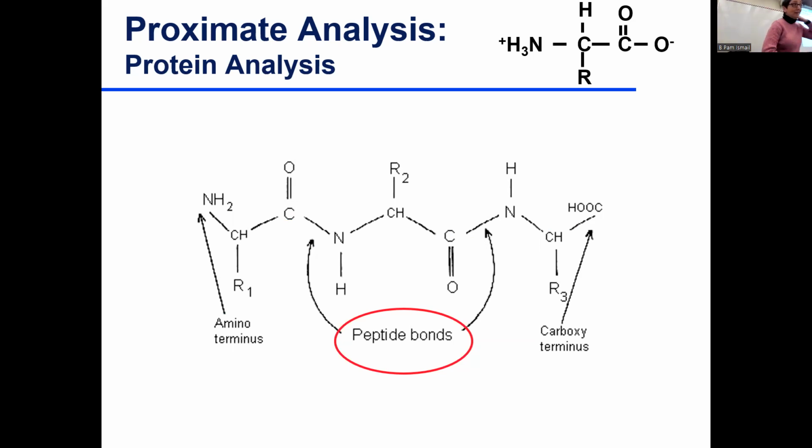Thought you covered this in food chem, no? Was that a long time ago? Okay. So anyway, you're not responsible to learn this in this class, but I wanted to highlight the peptide bond because it's important in protein analysis in some methods.